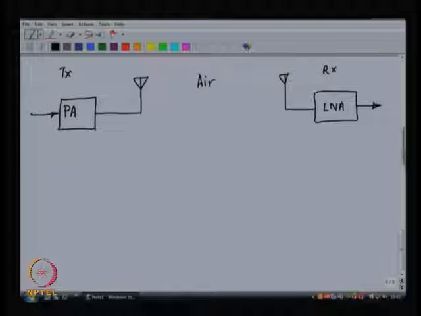Between the two antennas of the base station and the client, we have air. So, in this medium, the signal that is being transmitted travels as an electromagnetic wave.